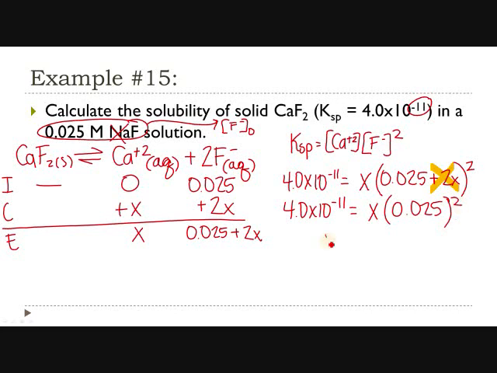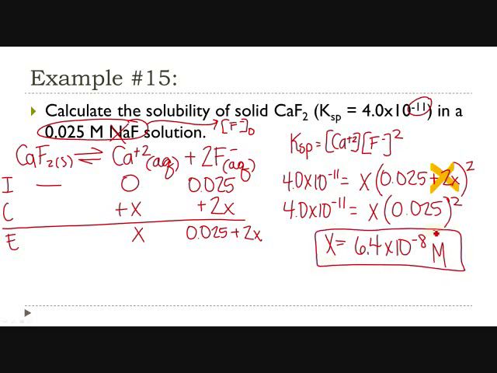All right, and then when you solve for x, I got 6.4 times 10 to the negative 8. Okay, and this is a solubility, so it needs a unit. It's not a K. So the unit could be moles per liter or molarity. Either one would be correct.